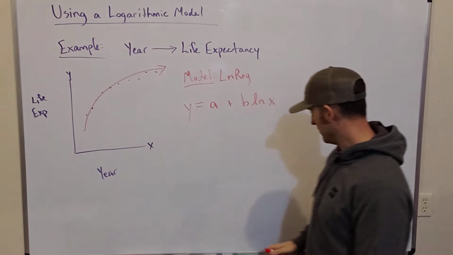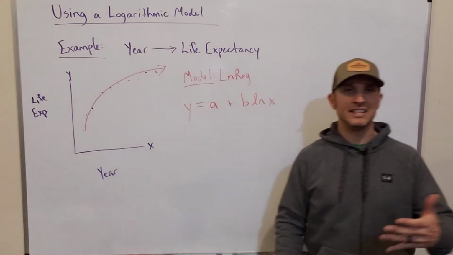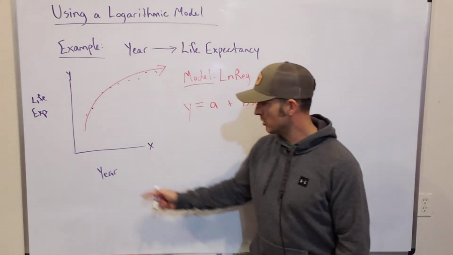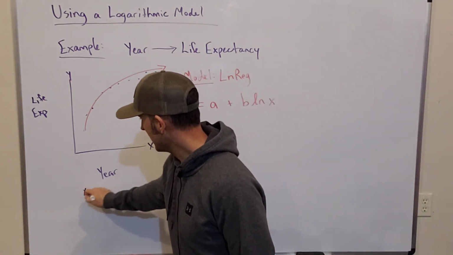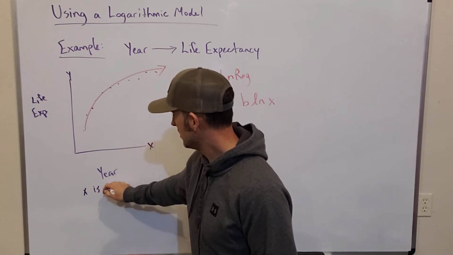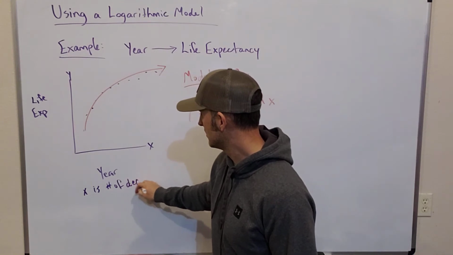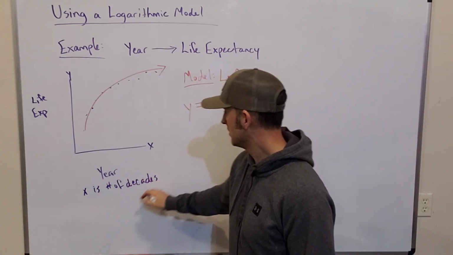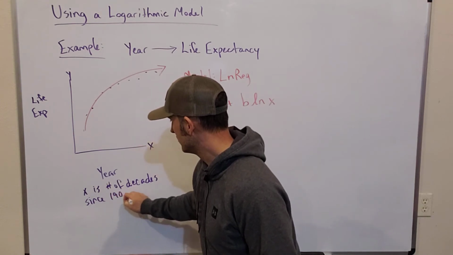Now, one thing I want to mention is the x values aren't literally the year. What we're going to do in this case is we're going to say x is number of decades since 1900, okay?